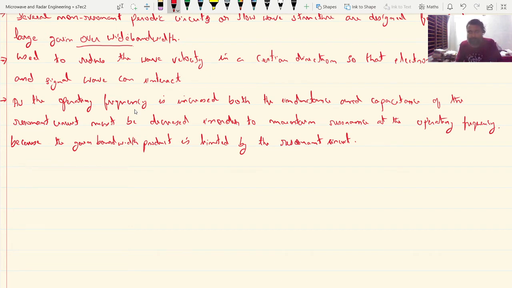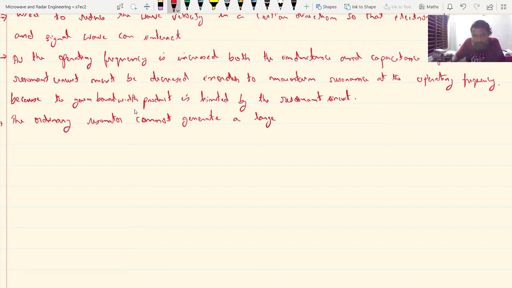So what happens, as I told you, the ordinary resonator cannot generate a large output.